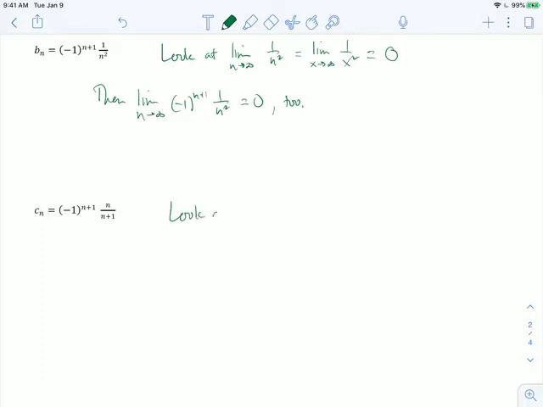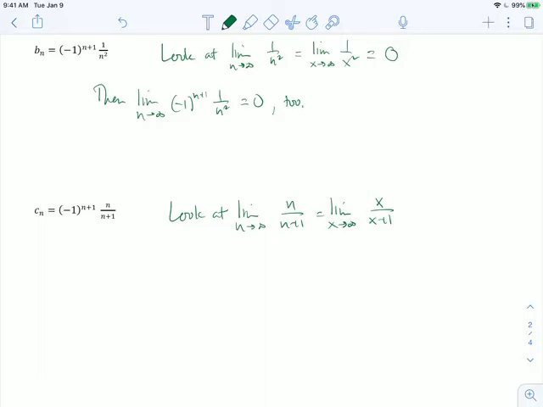We're going to look at the limit as n goes to infinity of the absolute value of this, or n over n plus 1. Because the degrees of the numerator and the denominator are equal, this is something we could have done with our tangent example in the first video.